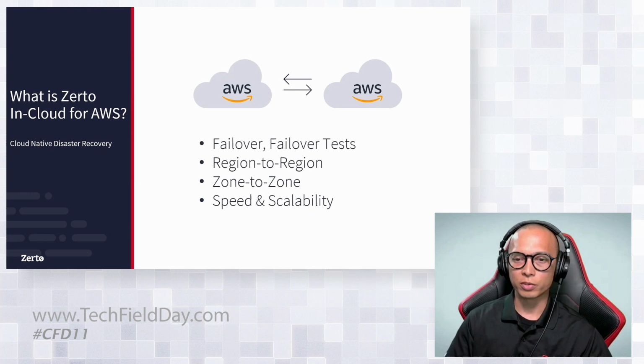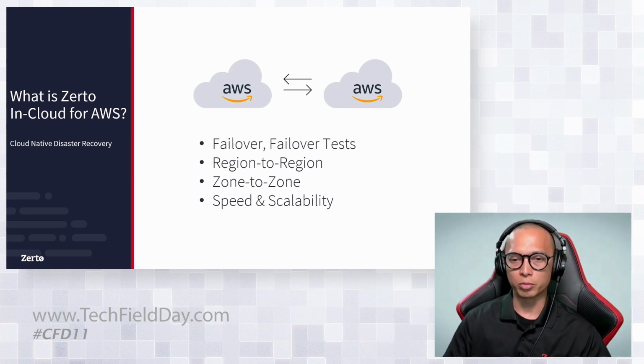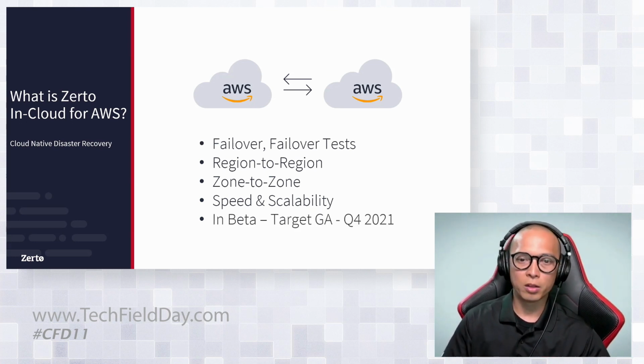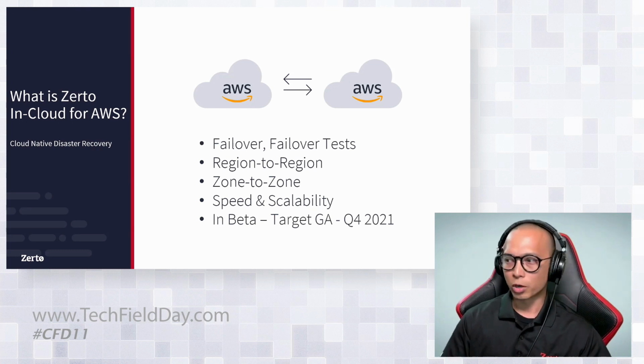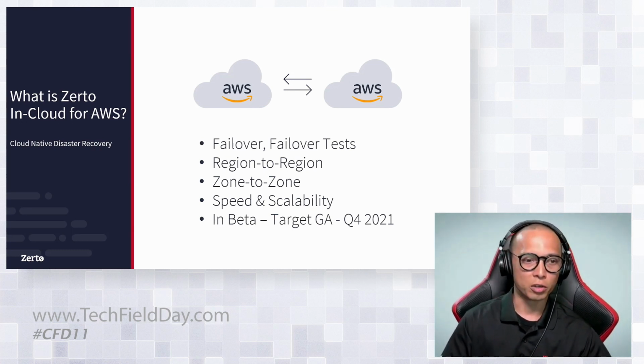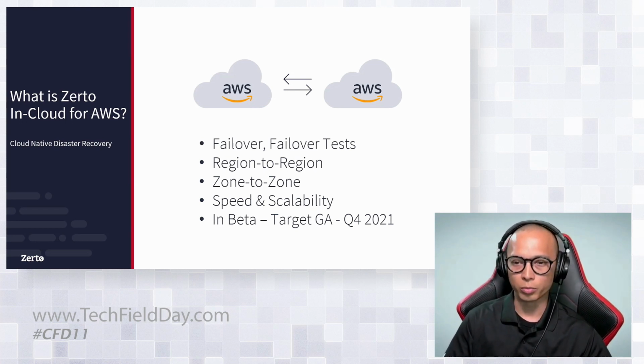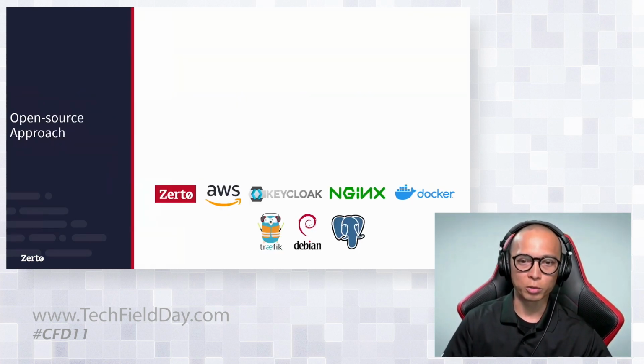But what it doesn't have is the orchestration piece that makes it simple and easy to adopt. So we're focusing on speed and scalability, and when we're aiming for GA, we want to support at least 1,000 VMs or instances in AWS from the start. Again, target GA is Q4 of this year, so be on the lookout for more information. I'm sure we'll share it with everybody once we get closer.